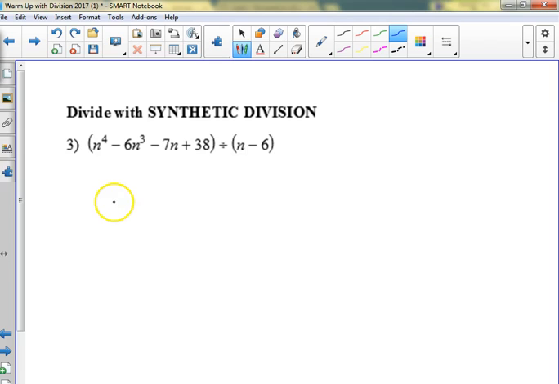Yes, but you can only do synthetic if this is in this form. Okay? Because we're going to have to do things where you have things like this eventually.